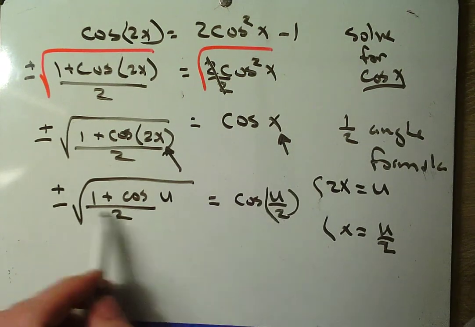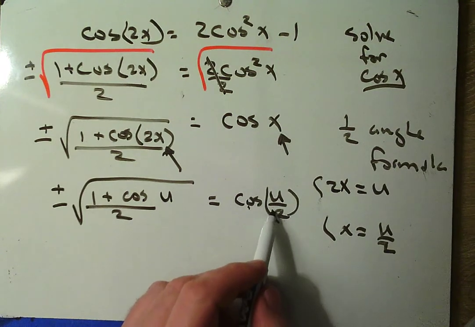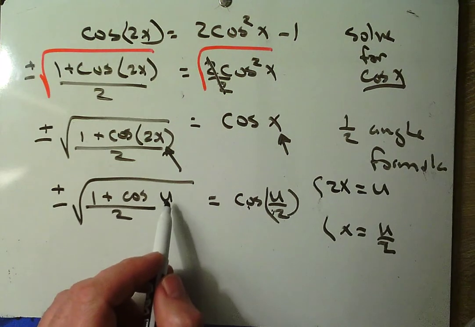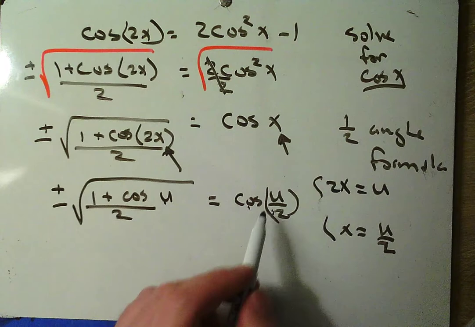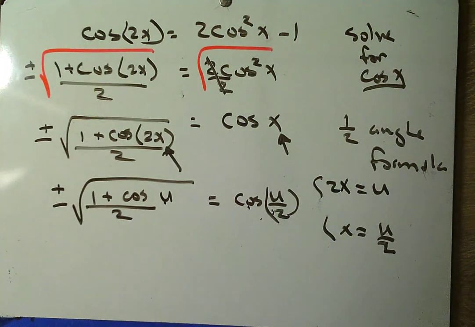So that's why this is called the half angle formula. If I want to know the cosine of some angle and it's half of one I conveniently know, I can use the one I conveniently know to help me evaluate the cosine of the angle that's half as big. Now I'm pretty sure that that sentence made absolutely no sense.